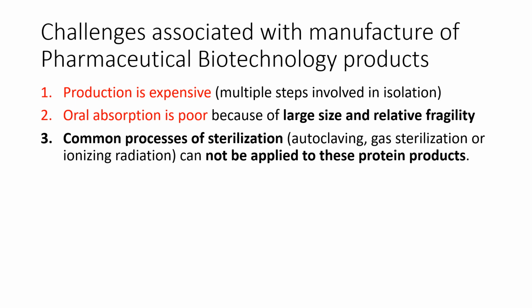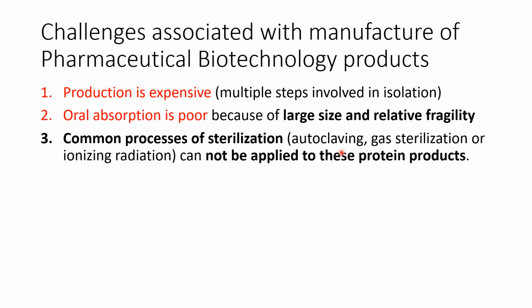Okay, then we also have the fact that drugs have to be sterilized. Common sterilization processes associated with sterilizing common drugs, or common manufacturing processes to ensure the sterility of our products, cannot easily be applied to protein production. Why?